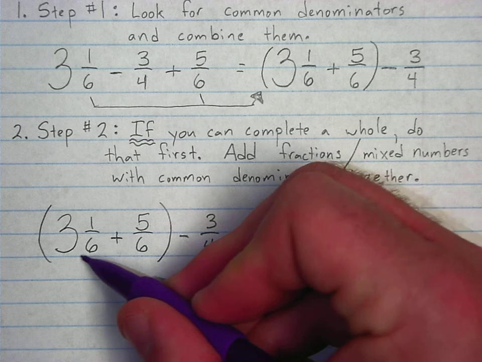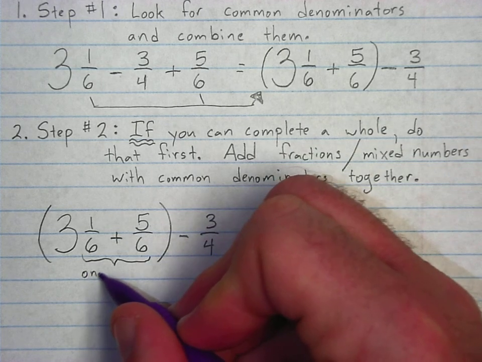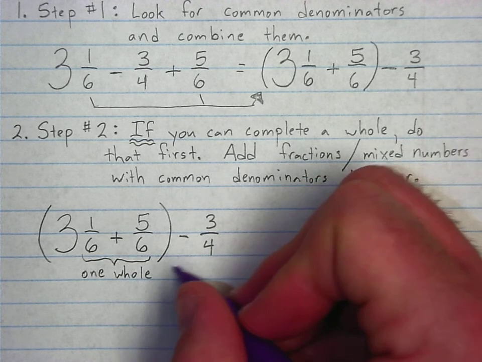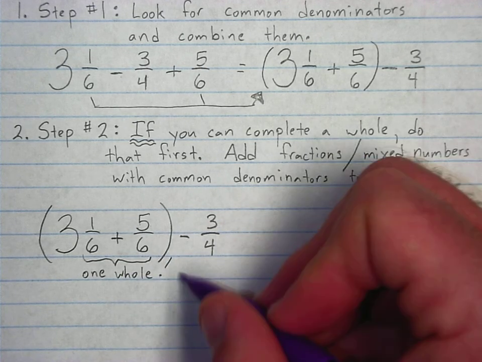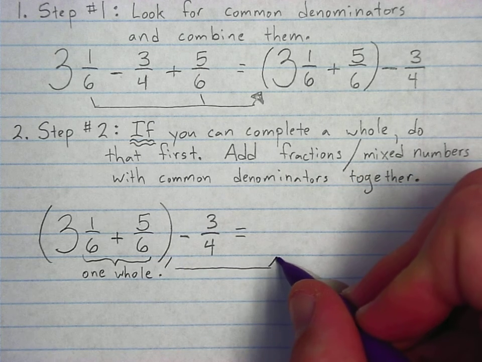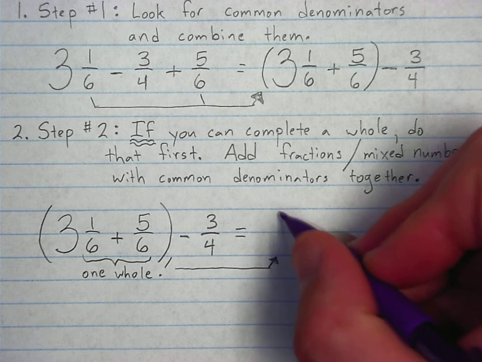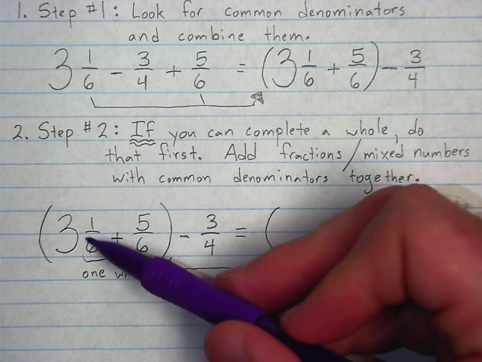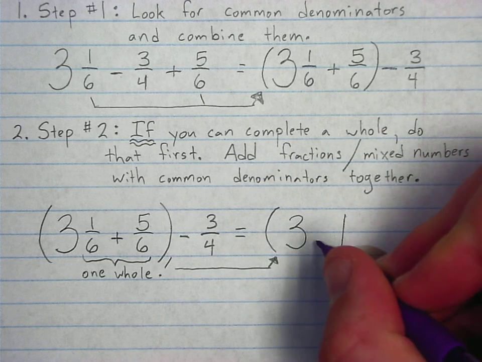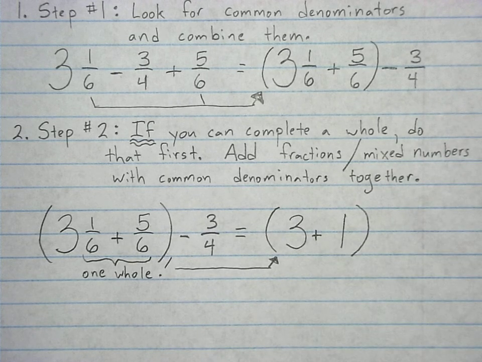These two fractions together create one whole. They make one whole. That is awesome. So let's put our equal sign there. What I'm going to do is bump over here 1/6 and 5/6 combined to make one whole. The 3 is still here, it didn't go anywhere. But now the fractions have come together to make a whole.